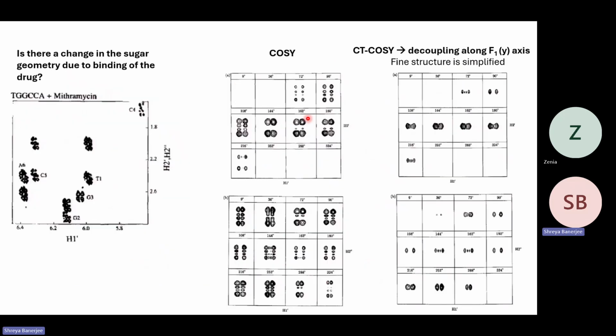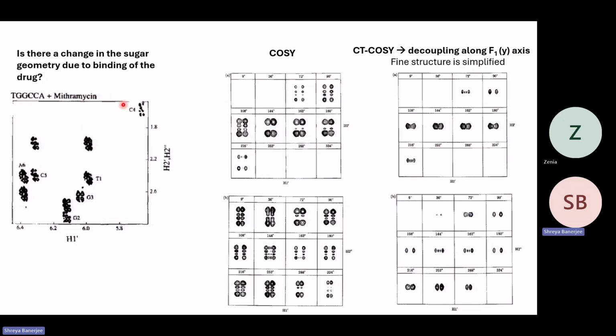Another application of this is that suppose this DNA is binding to a molecule, mithramycin. How the structure is changing after binding will let us know whether binding is happening or not.